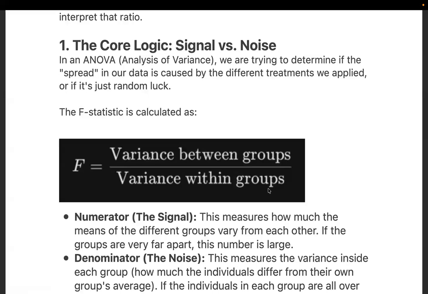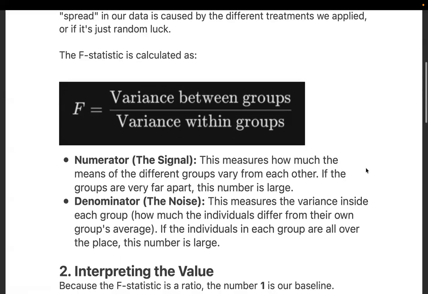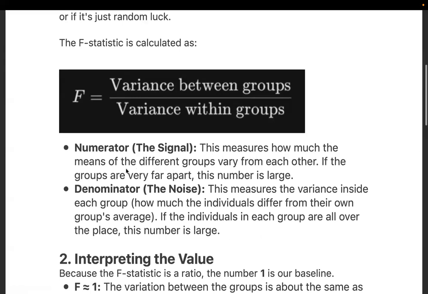Looking at the numerator, it measures how much the means of the different groups vary from each other. If the groups are very far apart, this number is large, and that is good. The larger this value, the more likely the result is significant.